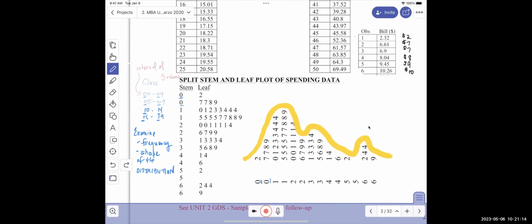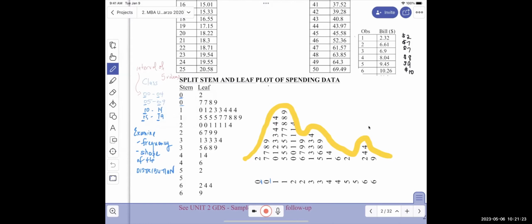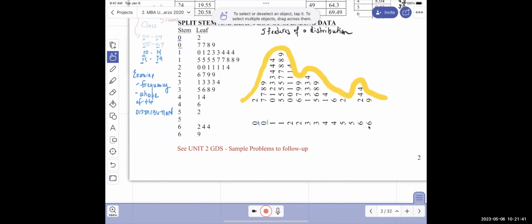So we're going to focus on the 5 features of the distribution, where the first feature is the shape.